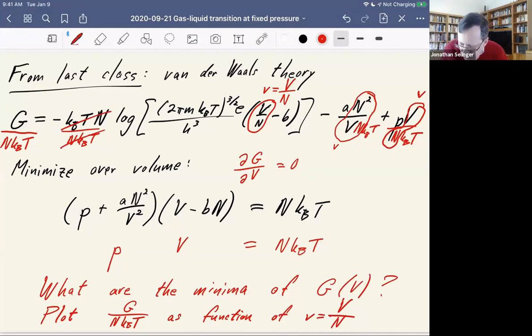Okay. And in order to make a plot like this, we need numbers for A and B.